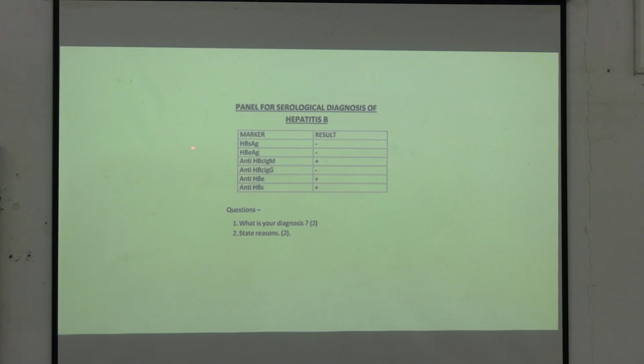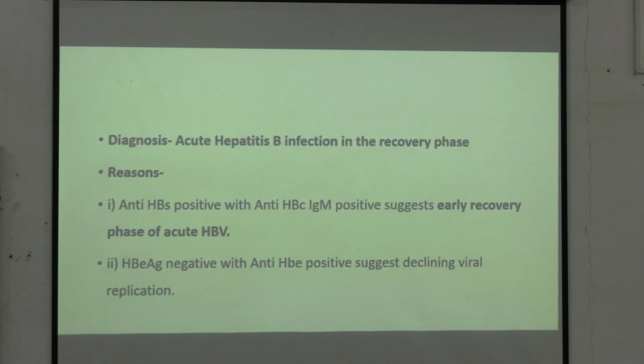Now, HBs antigen negative, HBe antigen negative, IgM positive, anti-HBe positive, and anti-HBs positive. This is a case of acute hepatitis B infection in the recovery phase.